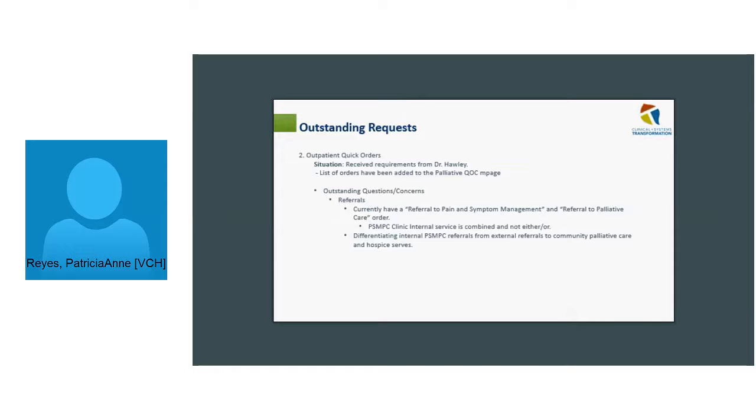The referral to palliative care order is live for Lionsgate, Coastal, St. Paul's, and that's a referral that goes through more so inpatient palliative care. So if a patient came from emergency, they know it's a palliative patient, they need a referral for a palliative care doc to come down. That's what they would use to refer the patient. That would be our internal order for a palliative care inpatient unit.